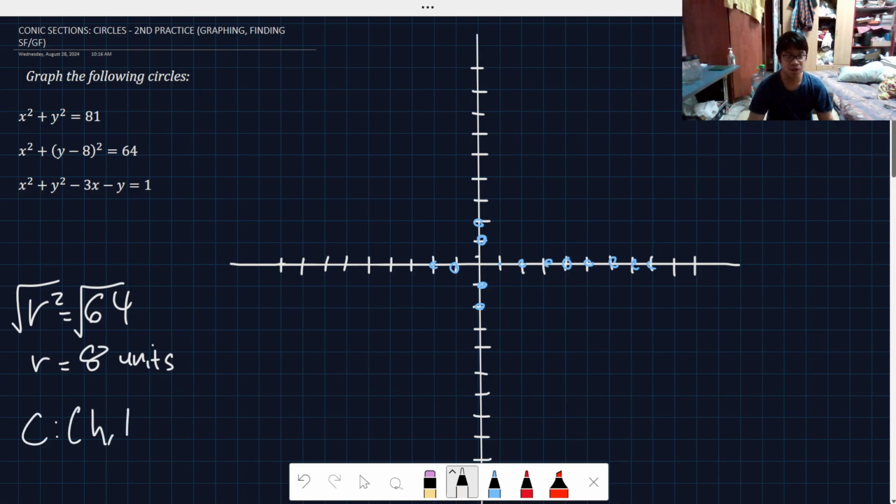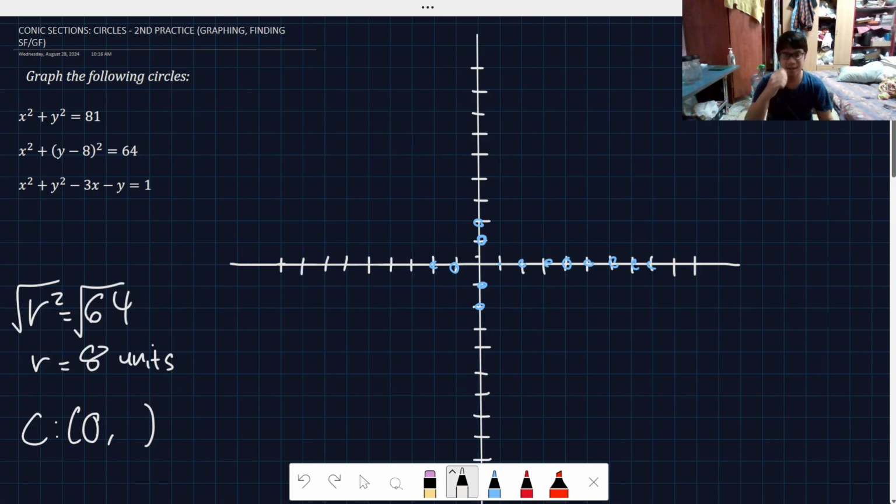Okay, your h, k. So again, your h is just beside x, but as you can see, it simply exists as x. So therefore, your h is 0. Your k, however, is actually this one, right? Since we have negative 8, we need to change the sign.